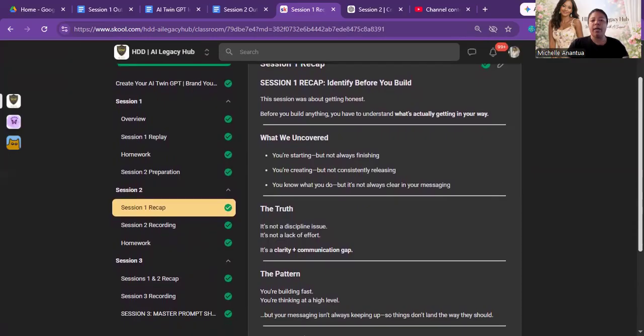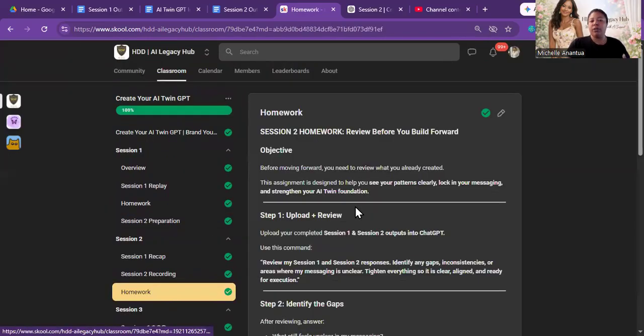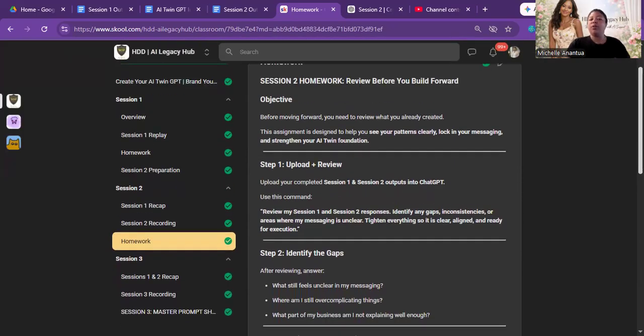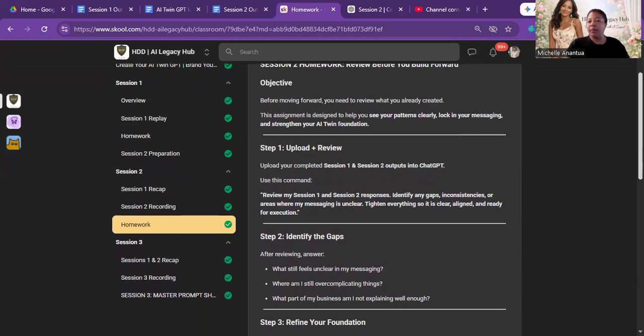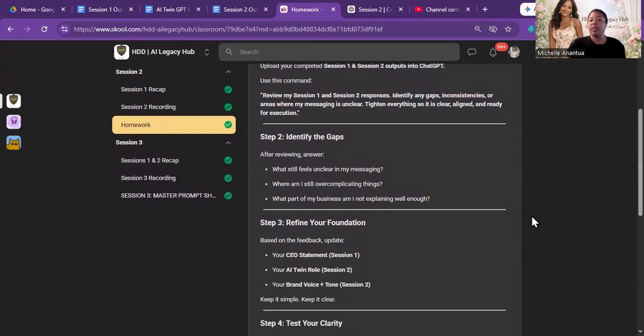So we dug in, and the homework for session two was literally for you guys to take the time and reflect. So instead of just going through autopilot and putting everything into ChatGPT, I challenged you to take a moment and sit with the output that ChatGPT actually gave you, so you can identify any gaps or add anything onto it, because ultimately this portion is going to evolve.